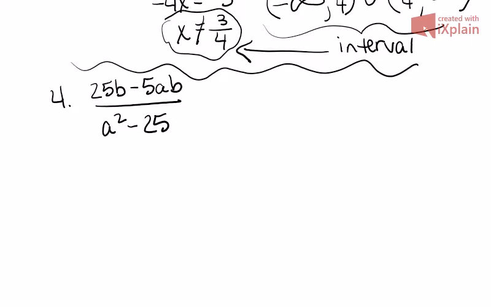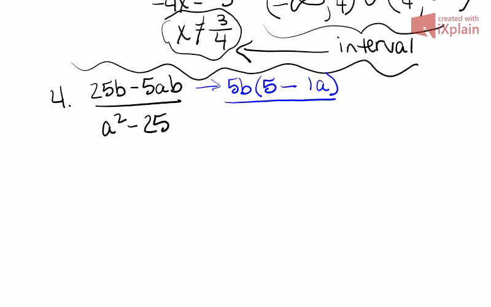So if I look at the top of this, then looking at this, I can divide both by 5b. When I divide out or undistribute 5b, that leaves me with 5, because 5b times 5 is 25b, minus 1a.